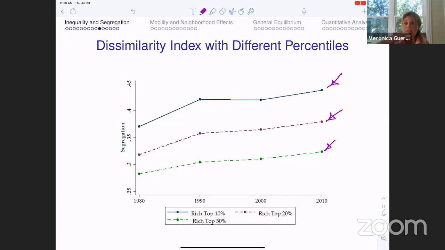Now, of course, there is a level change depending on the definition of rich and poor, and the smaller the group of rich, the higher the dissimilarity is in general, because it is more difficult to spread them out. But you can see that irrespective of the cutoff that you use, you still see an increase in the period 1980-2010.